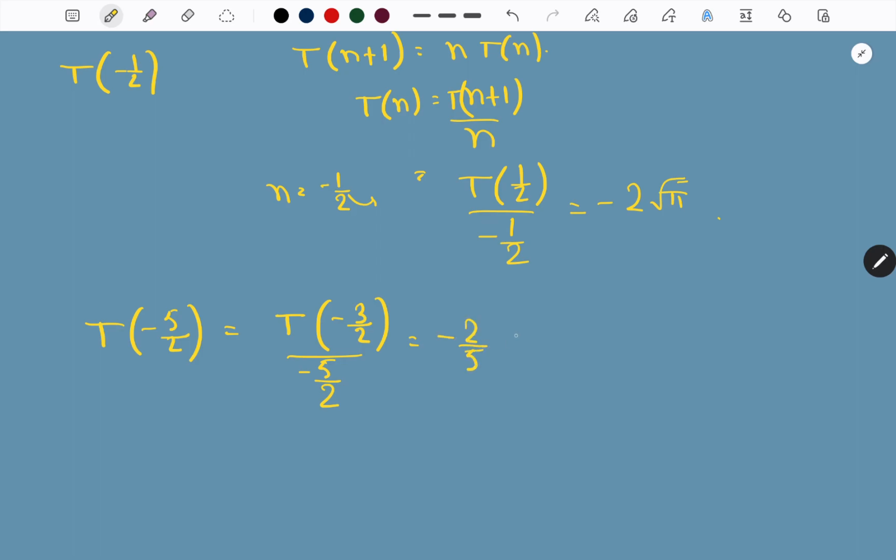Tau of minus 3 by 2 can again be written as tau of minus 3 by 2 plus 1, that is tau of minus 1 by 2, divided by minus 3 by 2, which gives minus 2 by 3. So basically the value will be 4 by 15, and tau of minus 1 by 2 we have already found out is minus 2 root pi. So the answer is minus 8 by 15 root pi. Now till now I think you might have understood how to find the gamma function.